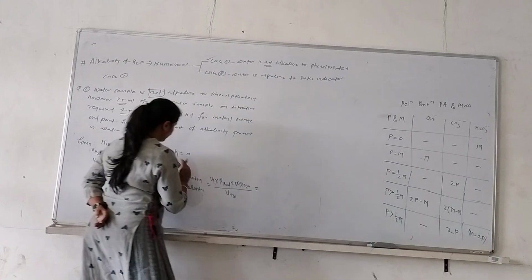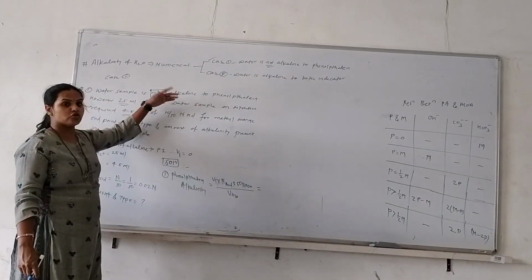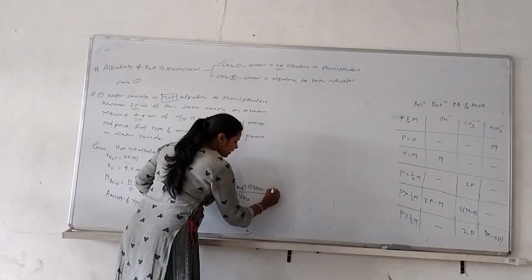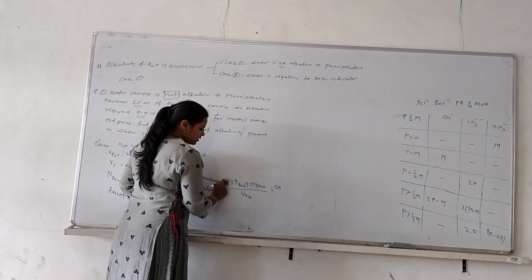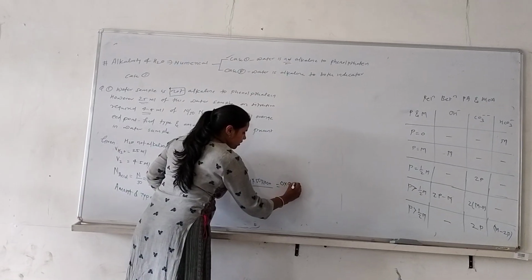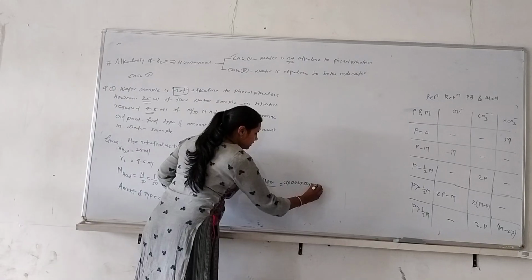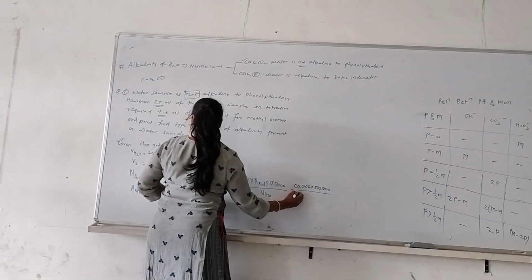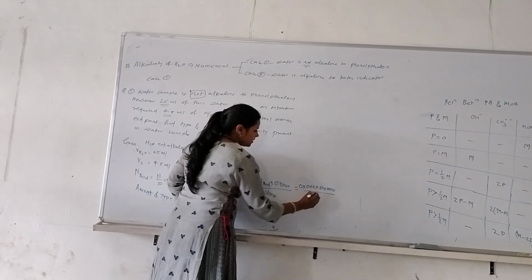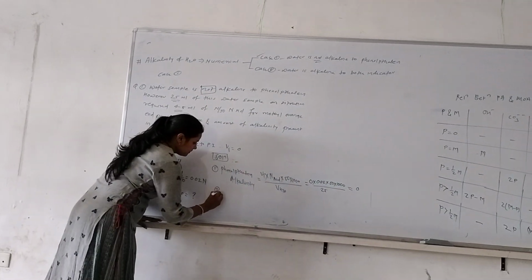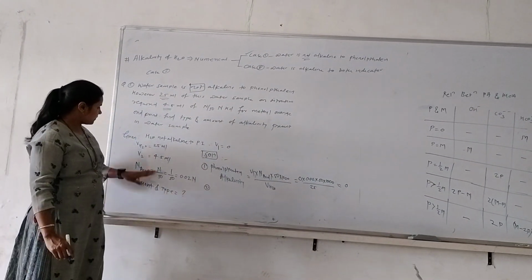Substitute the values: the water sample is not alkaline to phenolphthalein, therefore put V1 as 0, into 0.02 into 50 into 1000, divided by the volume of water, which is given as 25 ml. So this reading is 0.